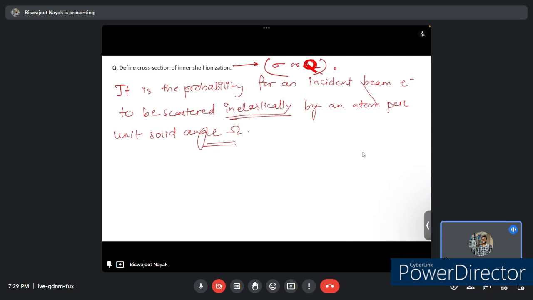So this cross section decreases as the primary electron energy increases, and it is also lower for elements with higher atomic number, as it is related to the excitation energy.